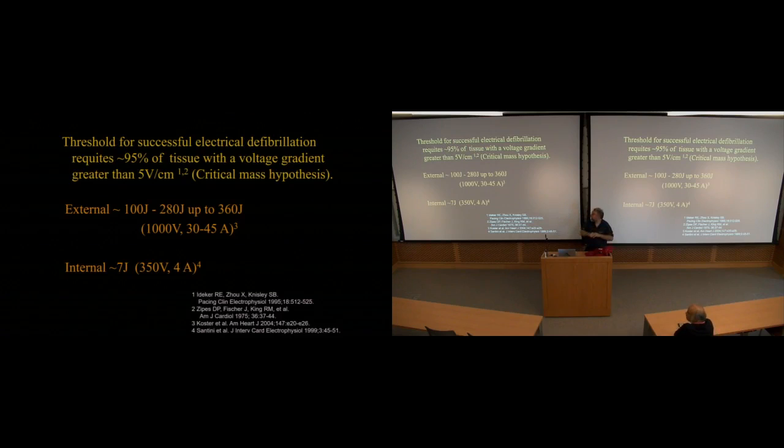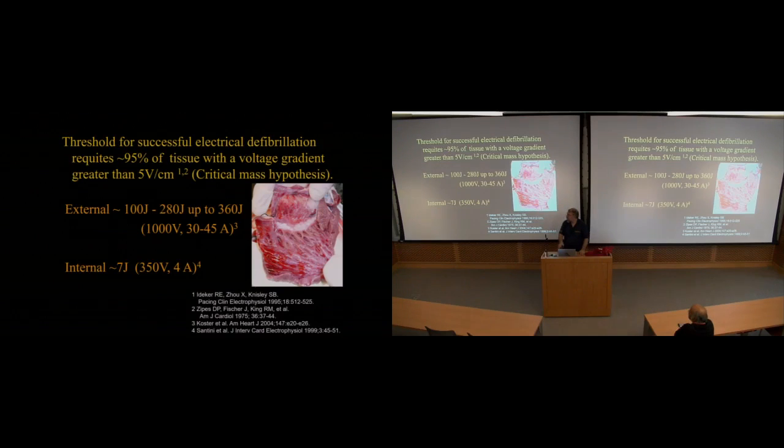So when you have the catheters inside, then you only have to go within the heart and require 7 joules. But even the 7 joules still is very painful. We're trying to figure out that not only is it painful, but it can also produce damage to the tissue. This is how the heart looks after being defibrillated: it has a lot of hemorrhage coming from there. So we're trying to figure out better methods to defibrillate.